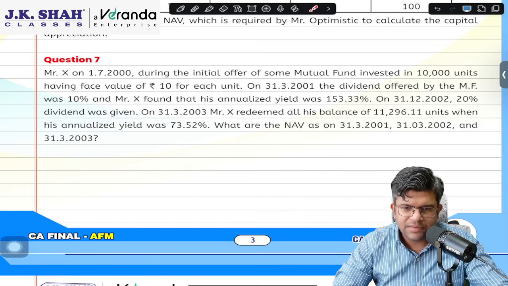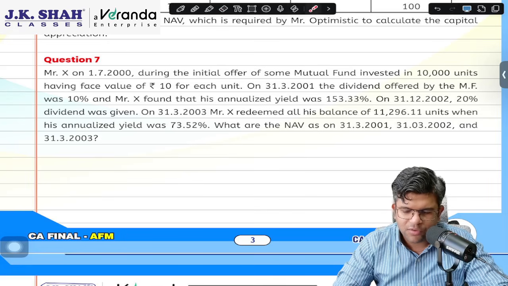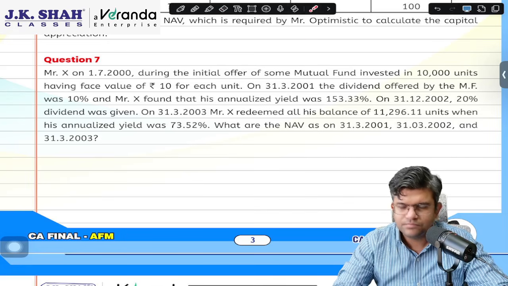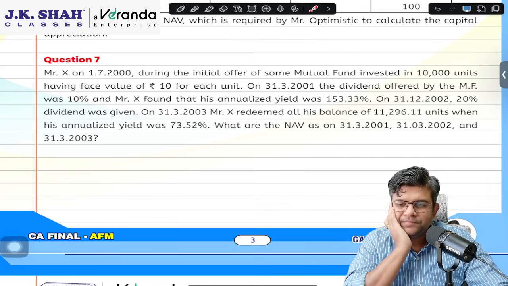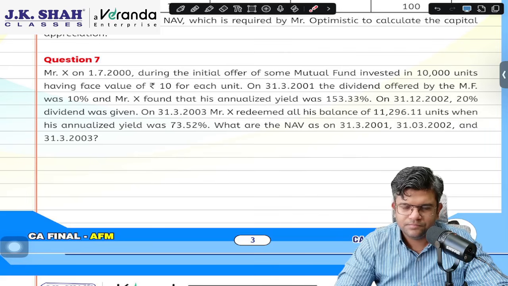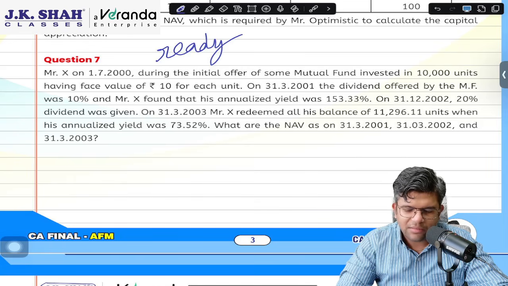Once you are done reading, please type Q7 on chat box. Okay. So students, are you ready? Mentally you're awake, alert. It's a tricky question. Type READY on chat box and send. It looks small, but it's very tricky. Everyone, please type READY.